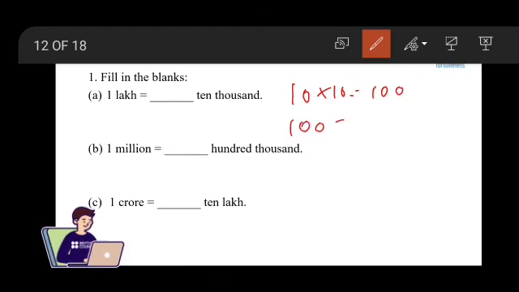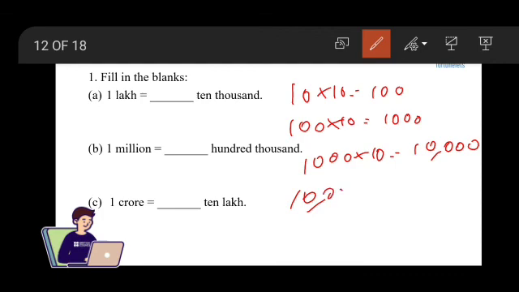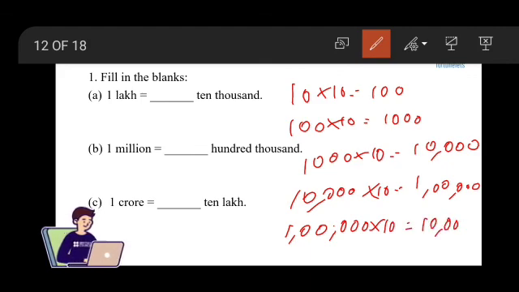Similarly, 100 with 10 gives 1000. 1000 into 10 is 10,000. 10,000 into 10 is 1 lakh. 1 lakh into 10 is equal to 10 lakhs. 1 lakh equals dash 10,000.